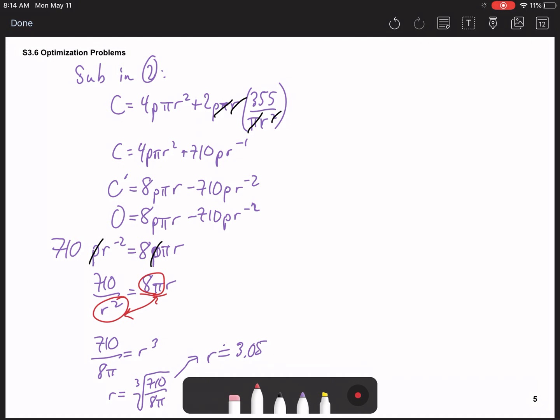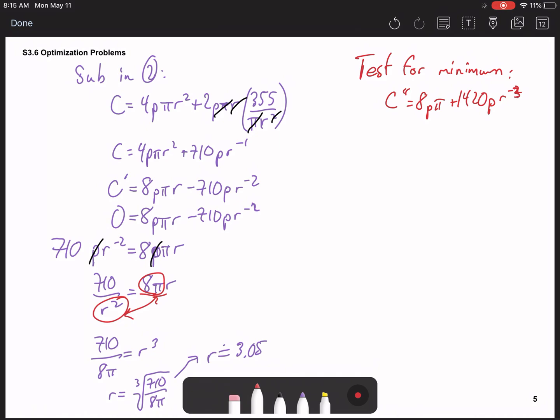Okay, so I need to determine whether this is a minimum or maximum. So, test for minimum. Well, this time, I don't want to use my interval chart. I would like to use the second derivative test. So I've got to find my second derivative. The second derivative of this would be 8p pi plus 1420 p r to the negative 3.